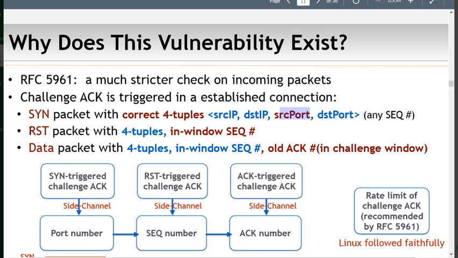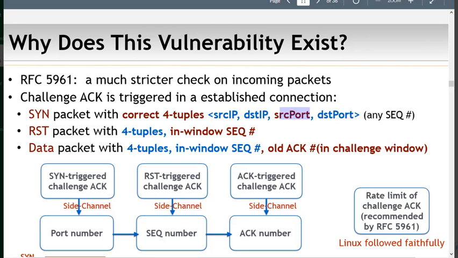Then they use the blind reset packet, because now I already know the IP address and the port number. You can see the blue ones show the information I already know. If I can guess a sequence number in the receiver's window, I will cause a challenge ACK, so I can verify whether or not the sequence number falls into the window.